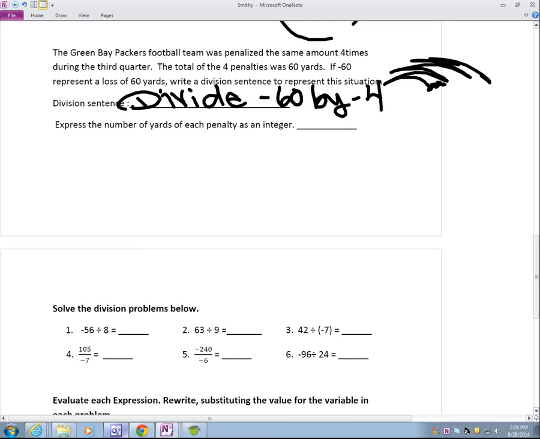Is it -4? Yep, +4. Express the number of yards in each penalty using an integer. Cam? Yep. -15.